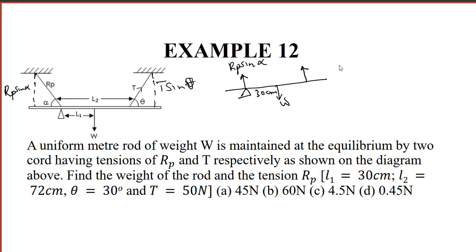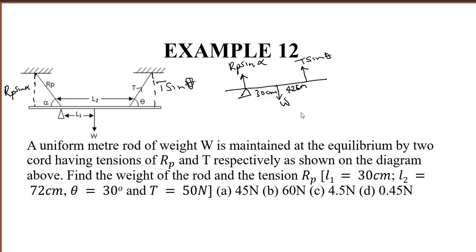Then we have T sine 30 there. From RP to T is L2, and from RP to W is L1. So from W to T will be L2 minus L1. L2 is 72, so 72 minus 30 will be 42.